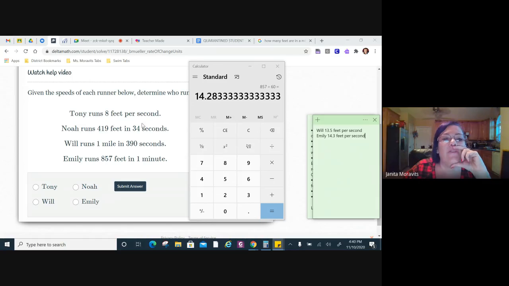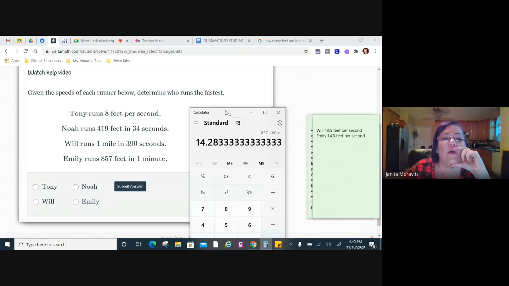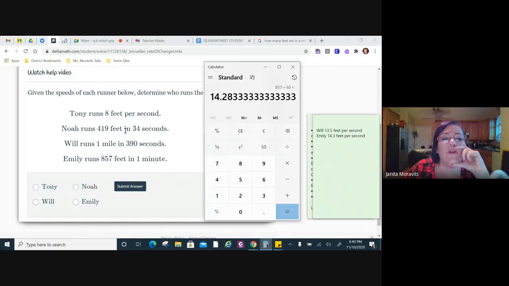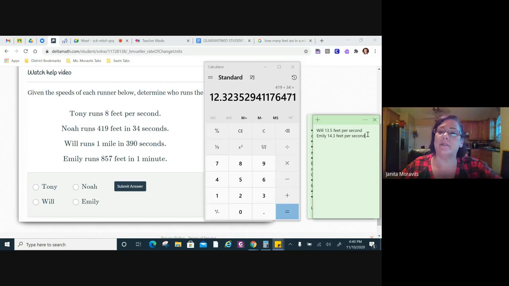Now we have 8 feet per second, and we already know that he's not the fastest. And Noah runs 419 feet in 34 seconds. So let's figure that one out. 419 feet in 34 seconds. So let's see, 12.3. So Noah runs 12.3. We'll put that on here.